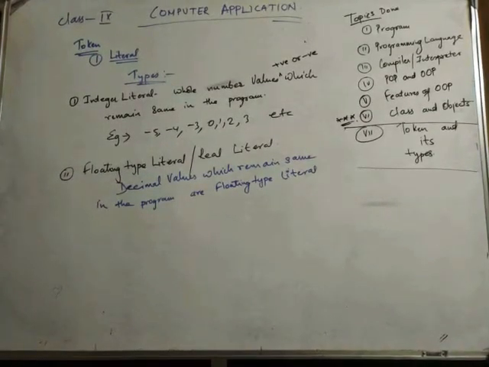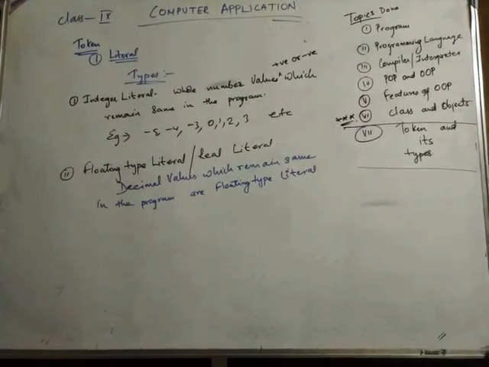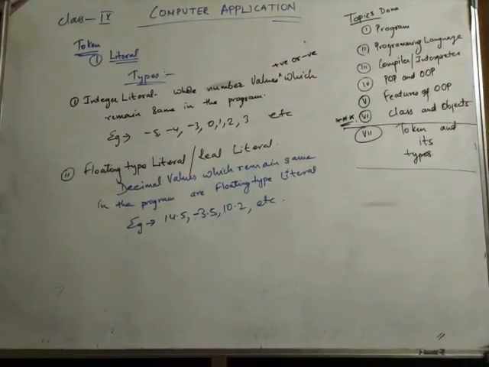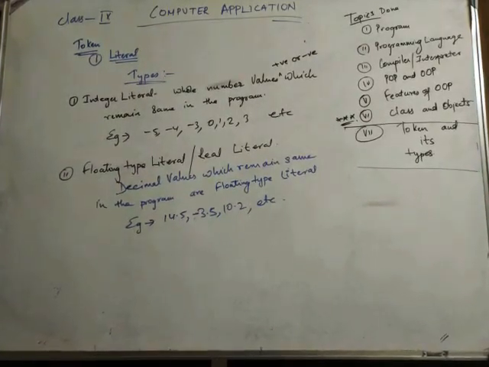Clear? Understood? Now what are the examples? Decimal values, you know what decimal values are. Like 14.5, minus 3.5, 10.2. Any decimal value is a floating type literal. So the second type of literal is also known as your real literal.